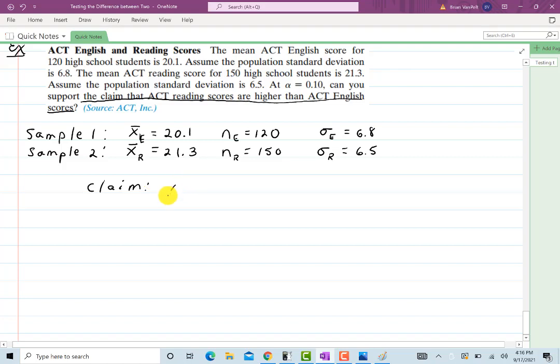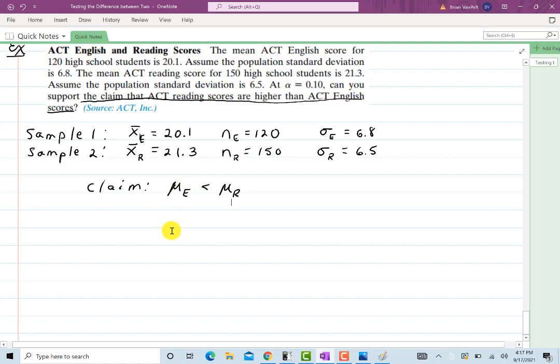I could say the English scores are less than the reading scores. Since my sample 1, the E, was first and sample 2 was that, I decided to write it like this. I could have written mu R is greater than mu E, but then the other stuff would have been in the wrong order. So I want to keep things in the correct order here, and I have that.